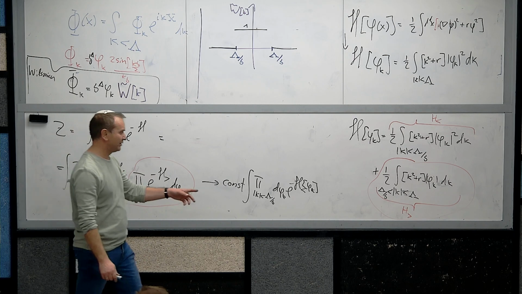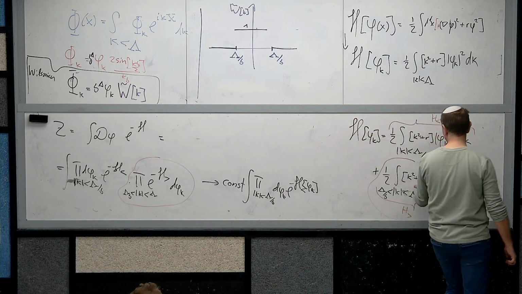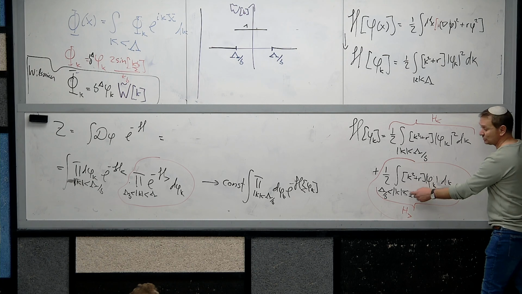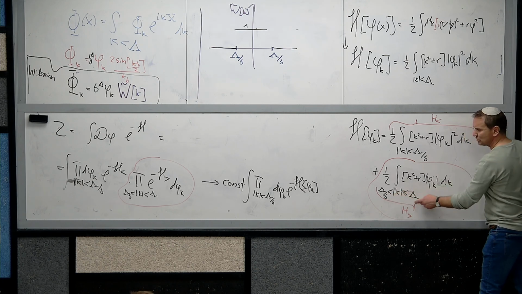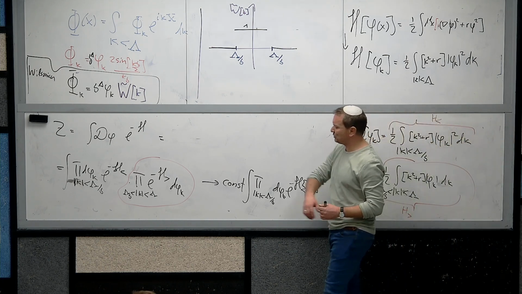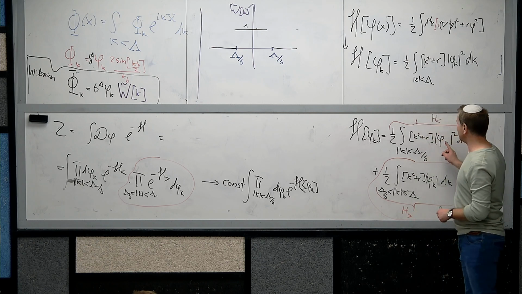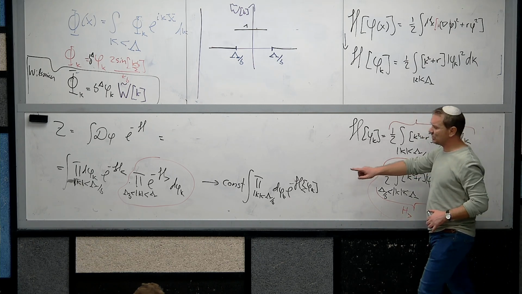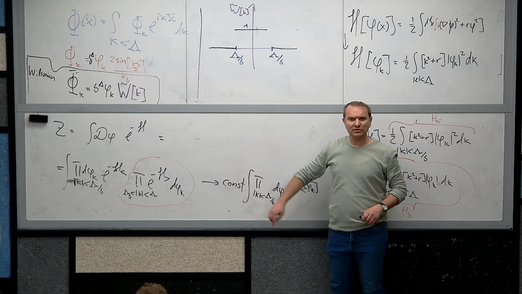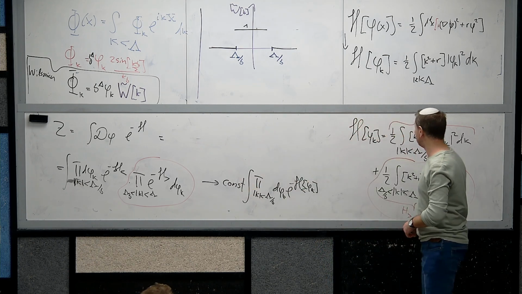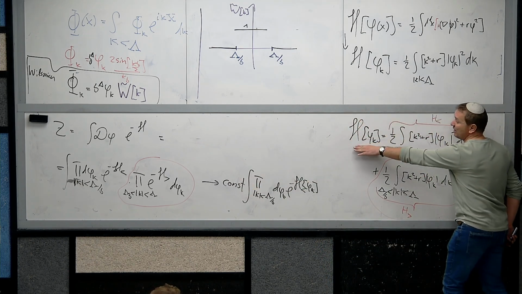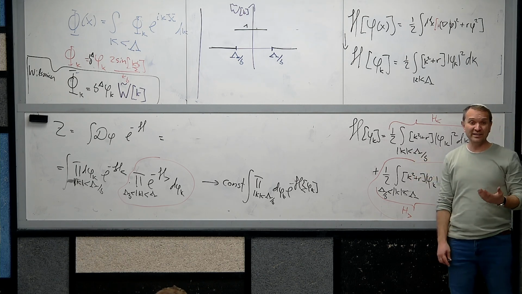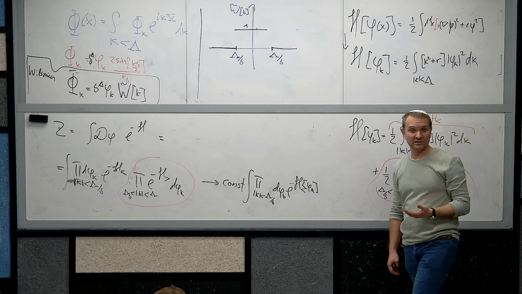You absolutely don't care about the k values that are for larger modes. Why? Because it's a Gaussian integration. Right? You have a Gaussian integral over here, so it contributes a constant. A constant is just saying that my Hamiltonian is something plus a constant. You never care about additive constants when you deal with Hamiltonians, right?